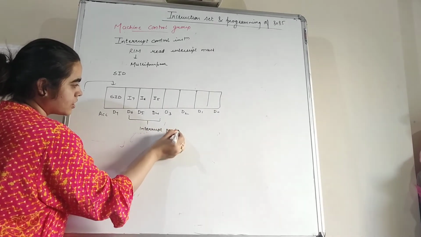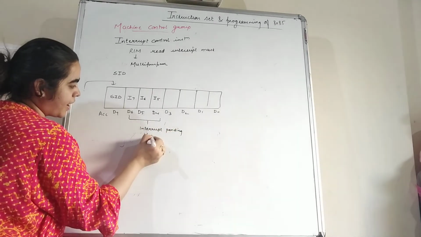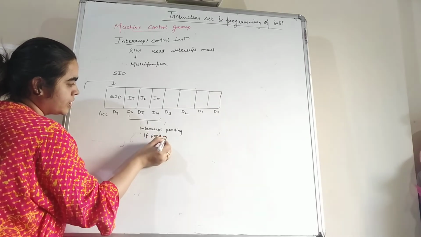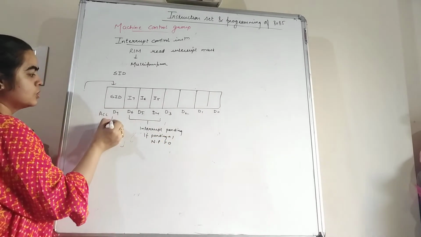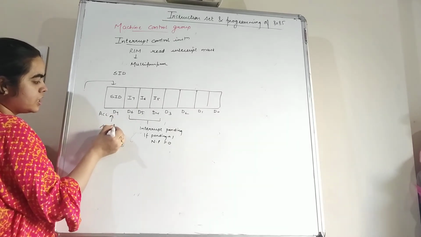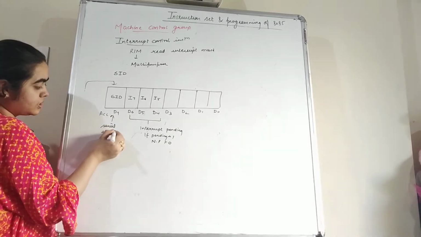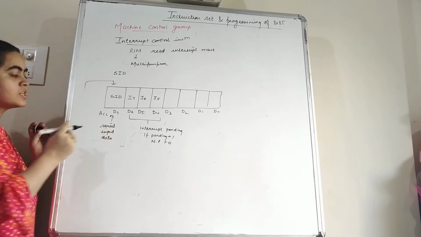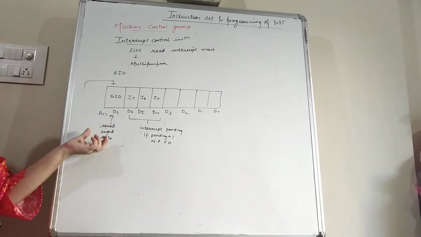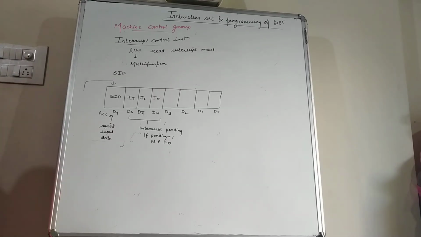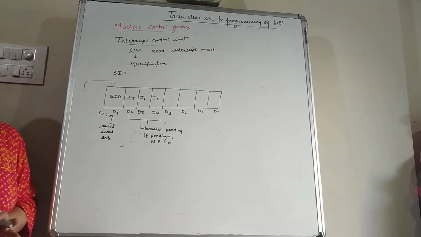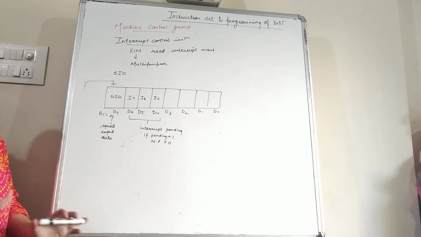If the interrupt is pending, then it will set the bit to 1. If non-pending, then it will set the bit to 0. This is for the serial input data. SID, serial input data, means the microprocessor 8085 will receive data from the peripheral devices in serial order.